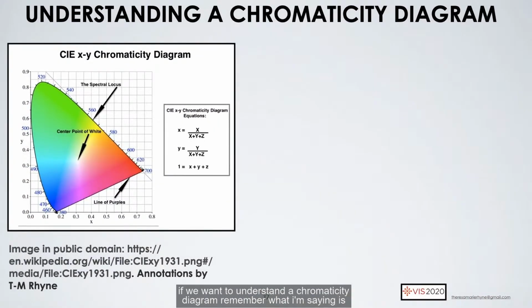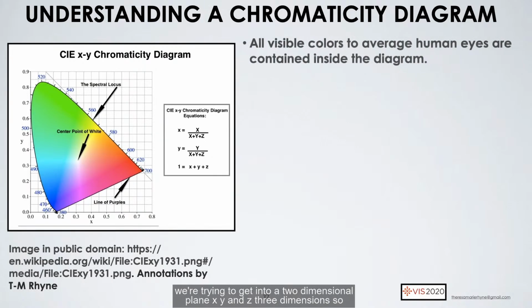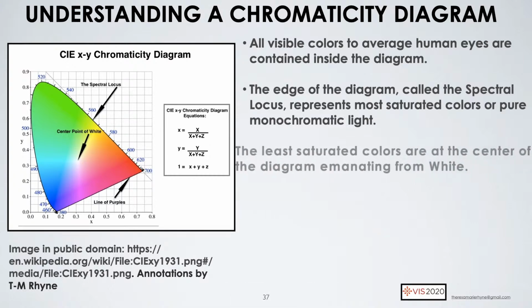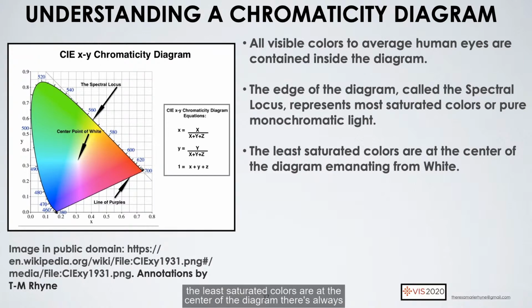So if we want to understand a chromaticity diagram, remember, we're trying to get into a 2D plane from X, Y, and Z, 3 dimensions. So all visible colors for the average human eye are contained in this horseshoe diagram. The edge of the diagram is called the spectral locus. The least saturated colors are at the center of the diagram.